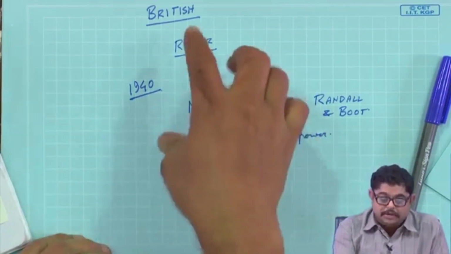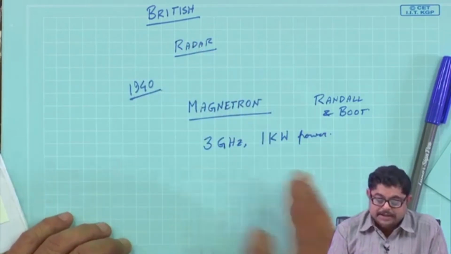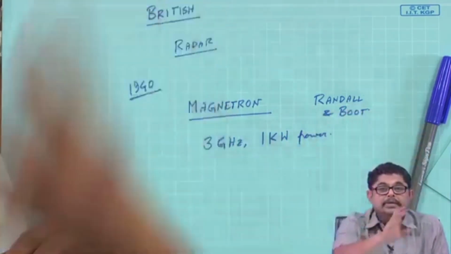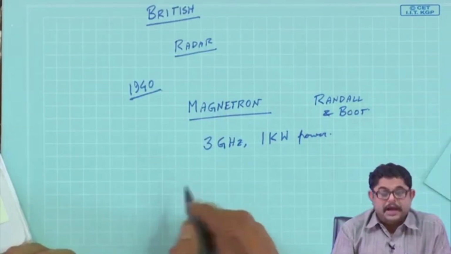And as the result of the collaboration between the British and the US, this whole magnetron technology was given to the Americans, and the Americans actually geared up.